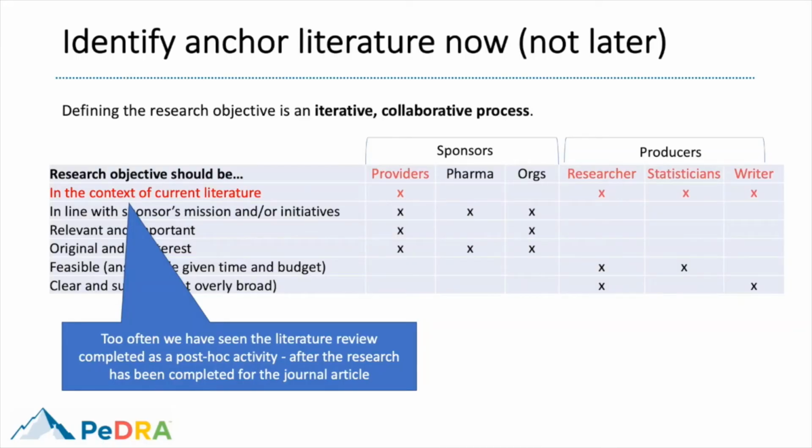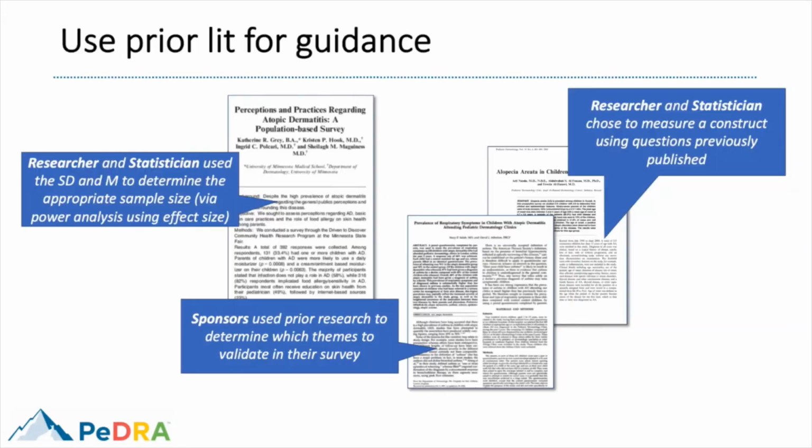Too often we have seen the literature review completed as a post hoc activity, something done at the end of the research instead of at the beginning. Some obvious benefits of a literature review are providing context and justification for your own research. In addition to that, though, details in the methods used or the data collected can be super helpful for you.